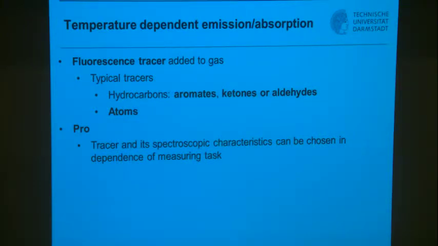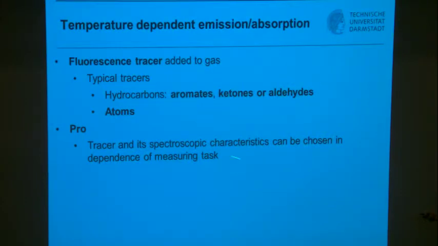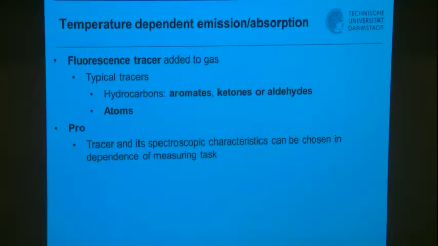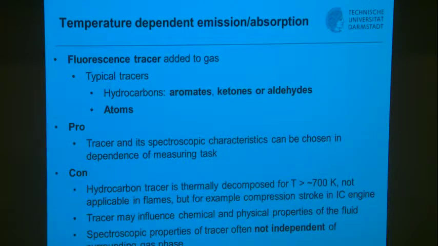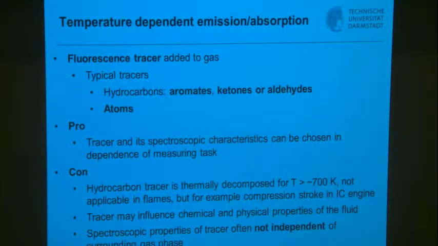The good thing about that is you can choose your tracer, and as well linked to that its characteristics in terms of spectroscopy, depending on what you want to measure. And that is, of course, something which is good if you have a certain control. But there are many cons.